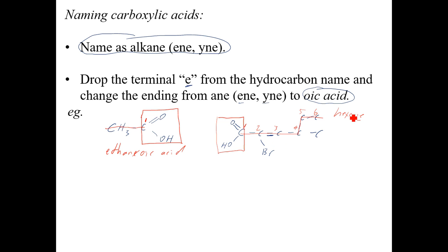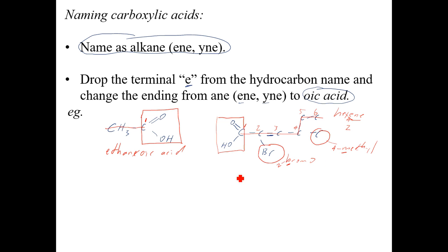So this is a hex-2-ene because the double bond starts on carbon number 2. What else do we have? We have a branch here, which is a bromo branch, and it's on carbon number 2, so it's a 2-bromo. And we have this one here as well, which is a methyl branch, and it is on carbon number 4. So we have a 4-methyl. We're going alphabetic once again.